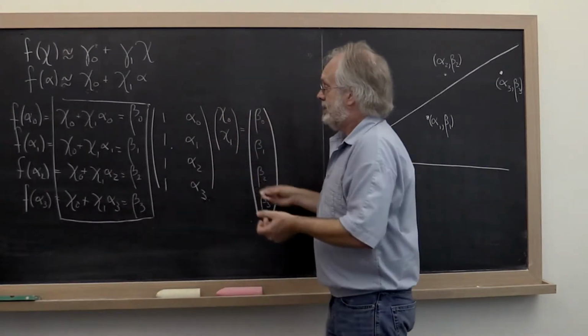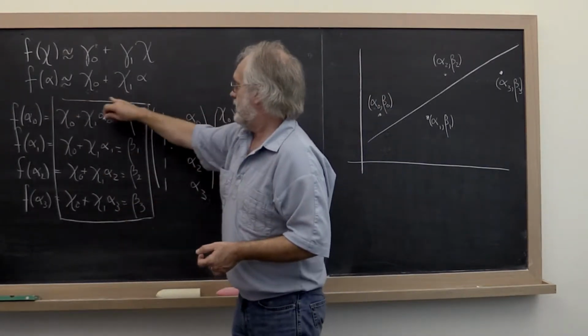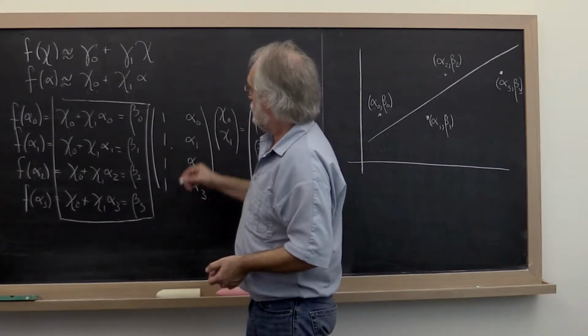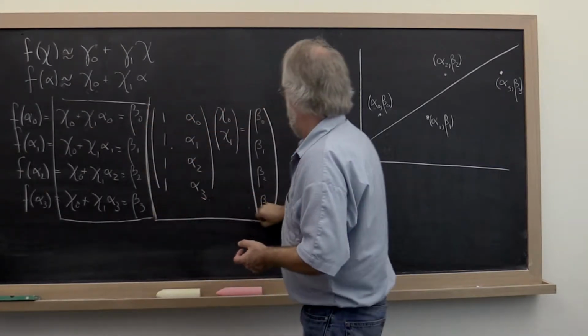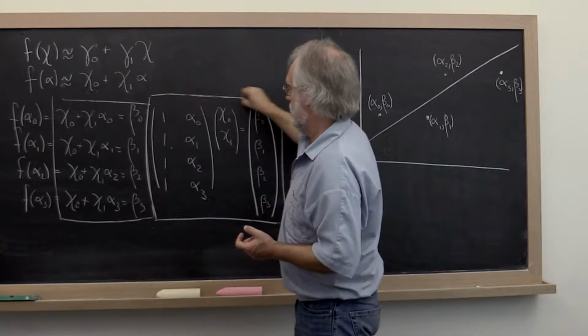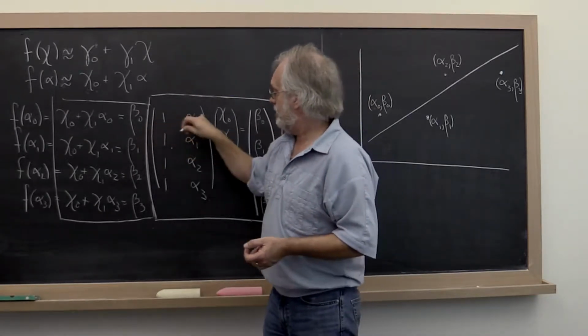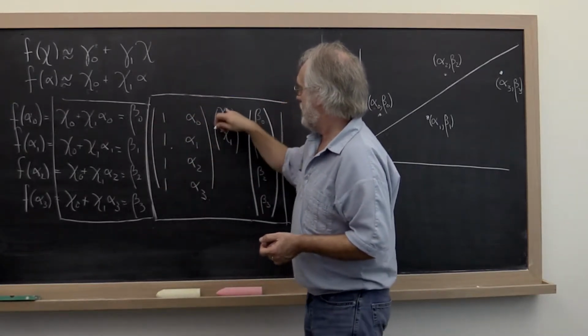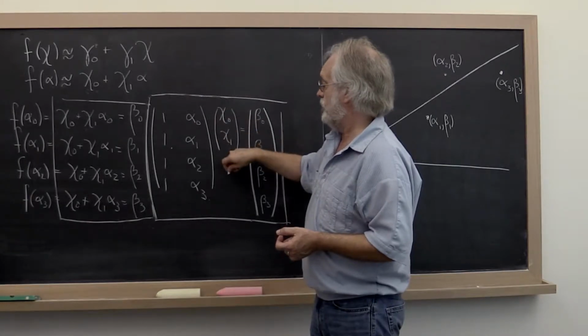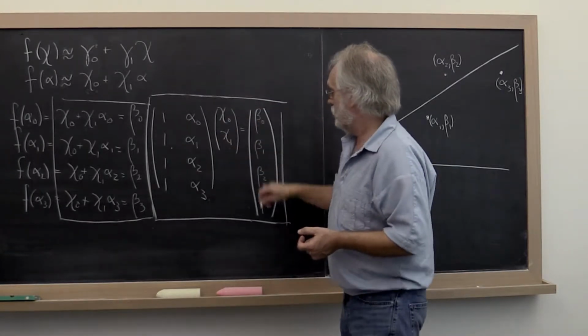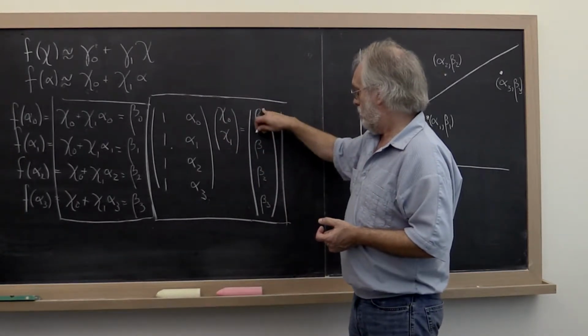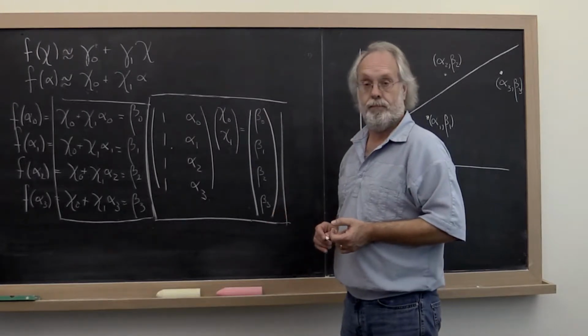We can capture these 4 equations in 2 unknowns with this right here. All we've done here is set it up as a matrix times a vector of those 2 coefficients, chi 0, chi 1, equal to some right-hand side, beta 0 through beta 3.